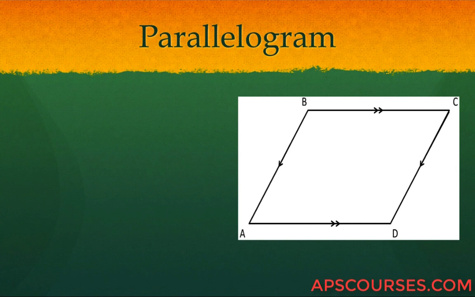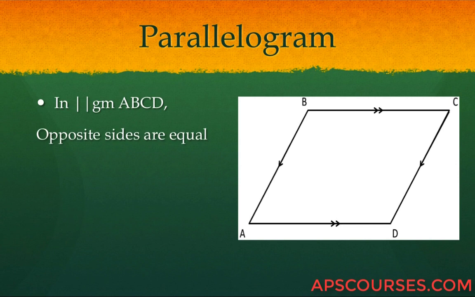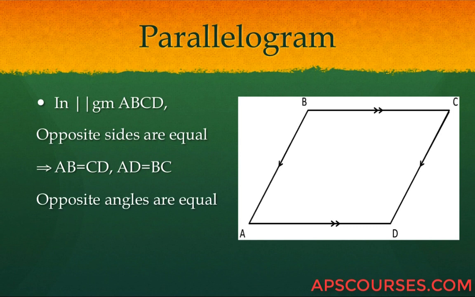In parallelogram ABCD, the opposite sides are also equal. So AB is equal to CD and AD is equal to BC. The opposite angles are also equal. So angle A is equal to angle C and angle B is equal to angle D.